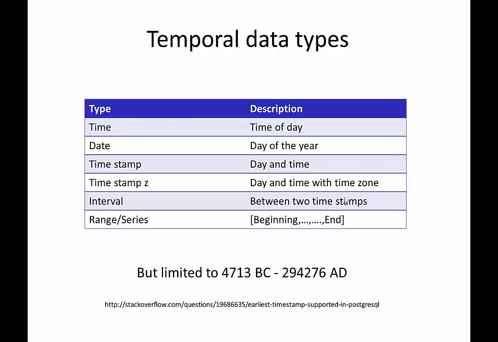So how far you are offset from UTC. Interval is basically a time period. So you can define a time period. And you can also do a range or series where you have a number of dates basically as a list, as the way I understand it.